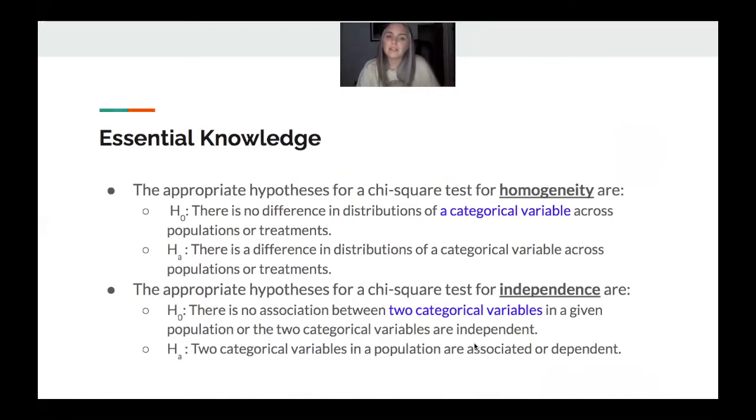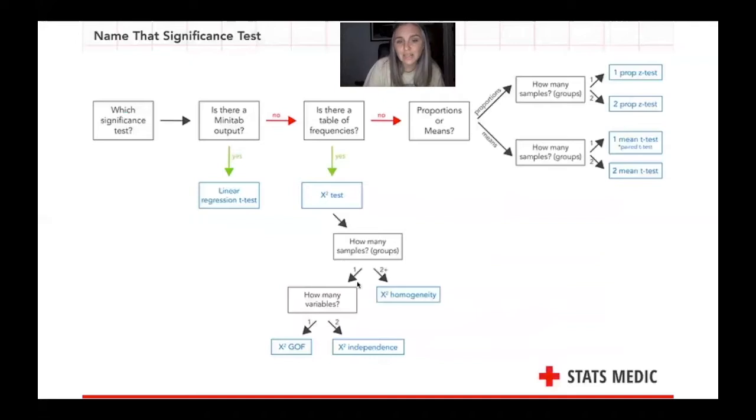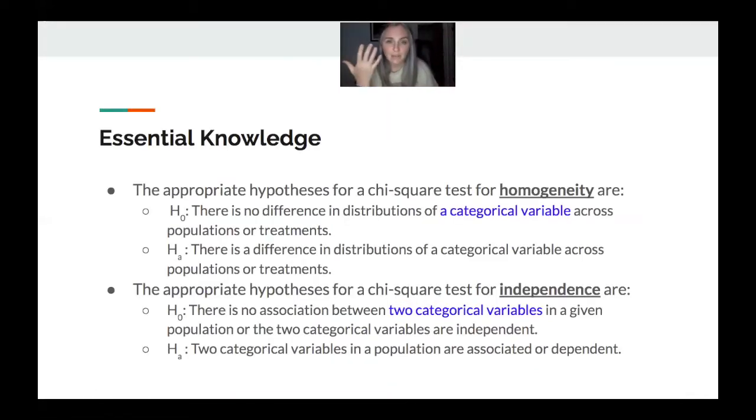The appropriate hypotheses for chi-square for homogeneity, okay? The null hypothesis: there is no difference in the distributions of a categorical variable across populations or treatments. So let's back it up. Homogeneity was 2 or more samples, right? So let's say we're talking about the off-brand M&Ms versus M&Ms.